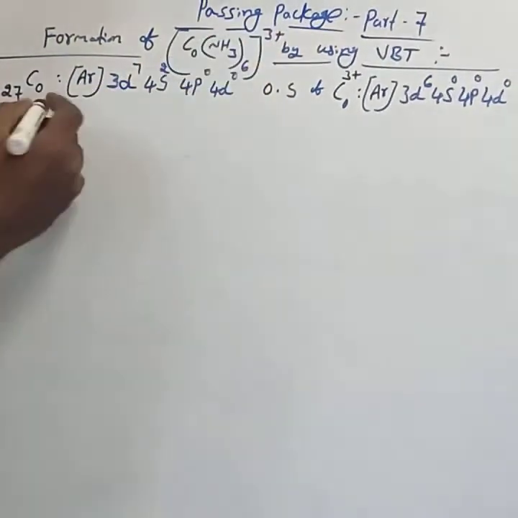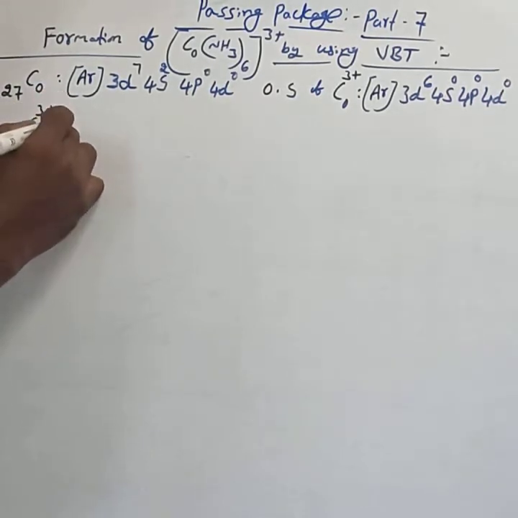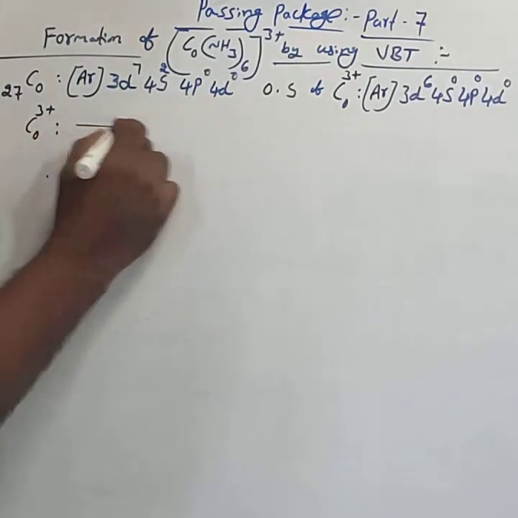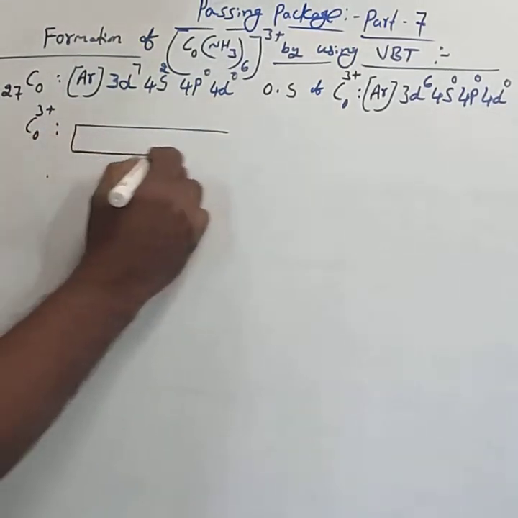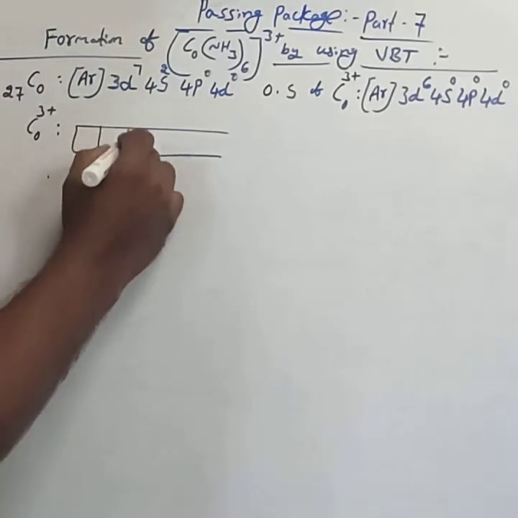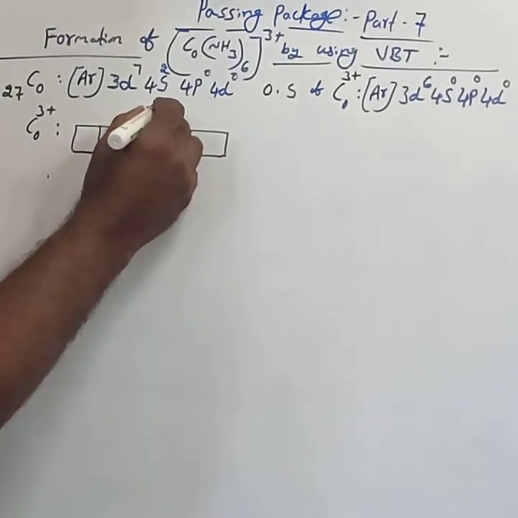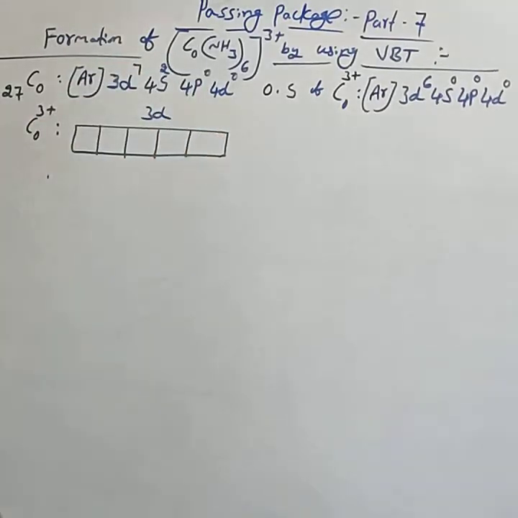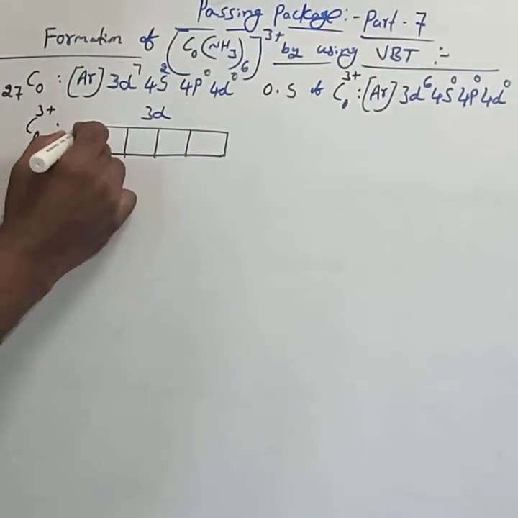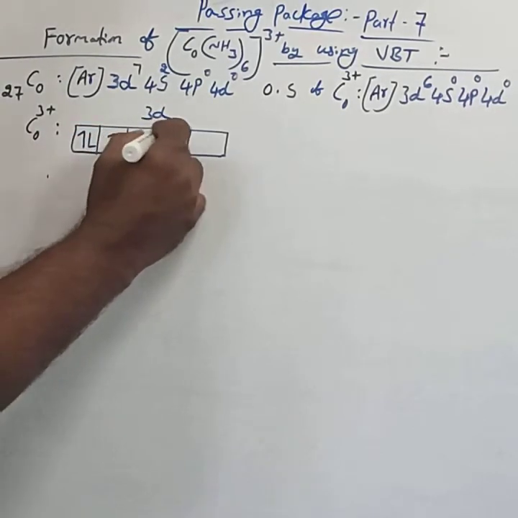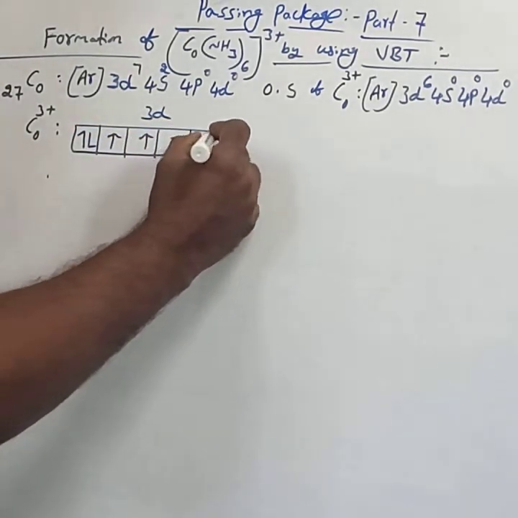You consider the box diagram for the cobalt 3+ configuration. The d subshell contains 5 d orbitals. This is 3d. d6 means 6 electrons. According to Hund's rule, you have to write the configuration with 4 unpaired electrons.